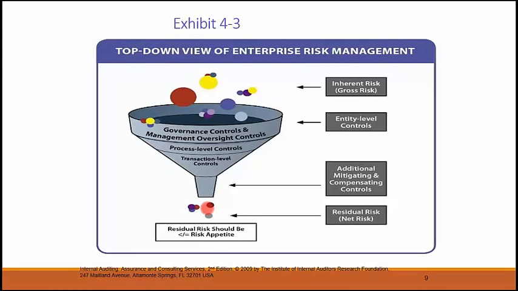Senior management really needs to define what they're willing to do. Okay? So again, we talk about governance structure at the top, process level control, transaction level controls, and ultimately we still have some additional things that fall through.